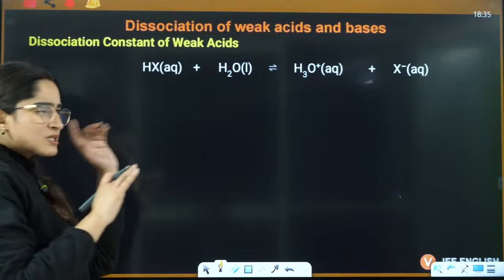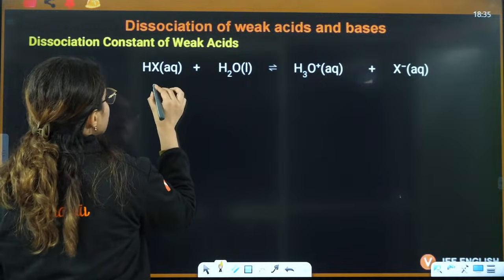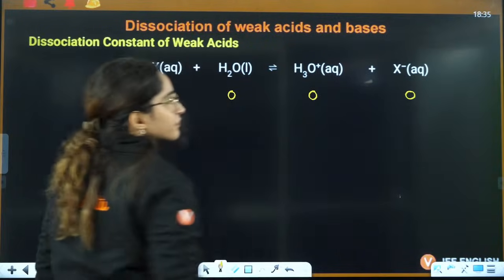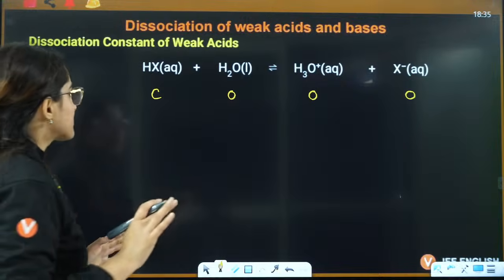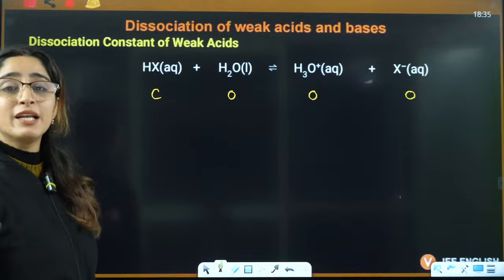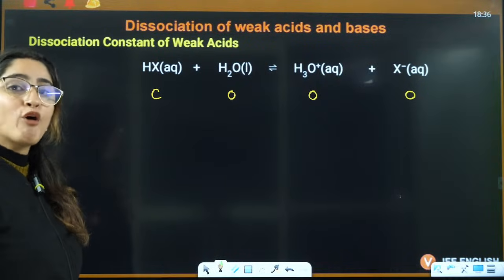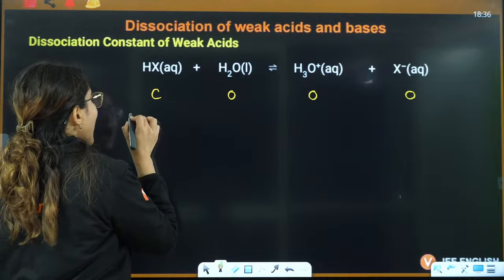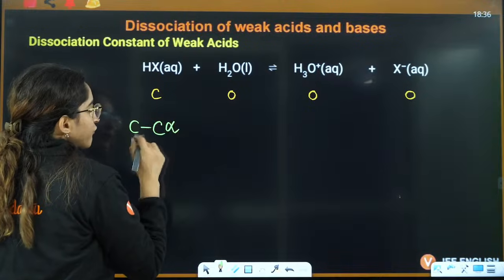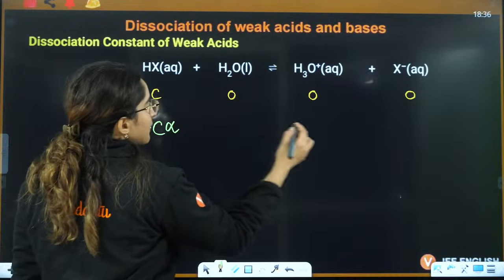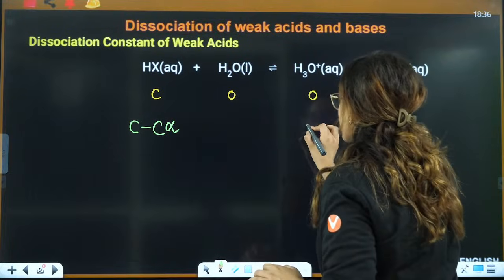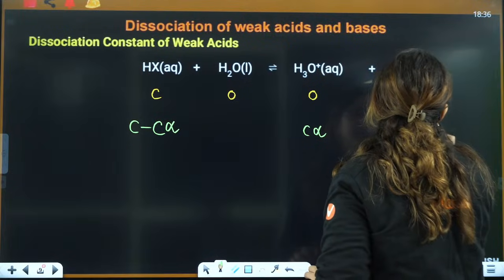I'm taking the acid's initial concentration as C. As I told you in the last class on chemical equilibrium, at equilibrium it will be initial minus initial into alpha, that is C minus C alpha, and in the products it is C alpha and C alpha.